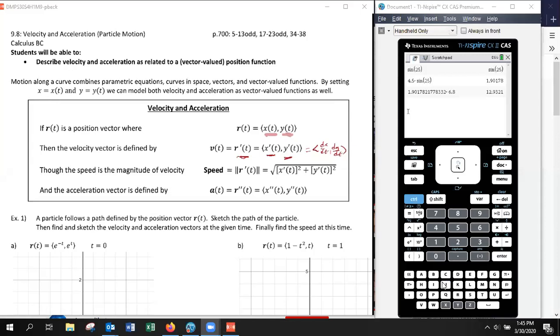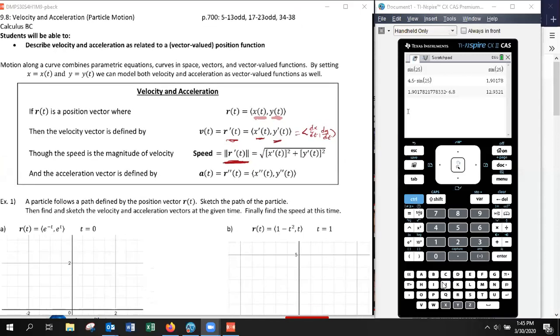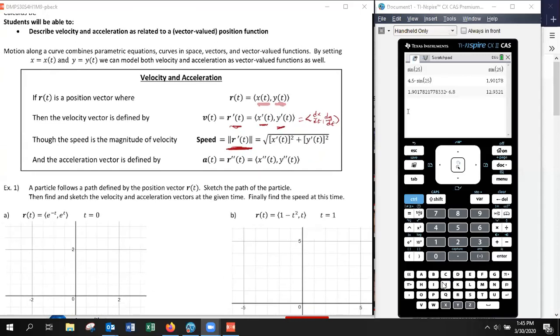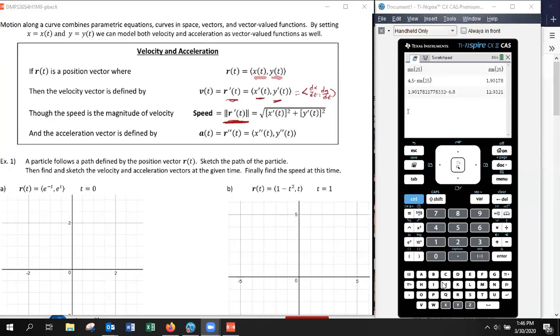So speed, this is the one thing that I know there's some questions in the group chat about. Speed is going to be the magnitude of velocity. So that is square root of x prime squared plus y prime squared, which if you consider that we might have seen an equation that looked like that before, that would be really our same thing as our arc length formula.